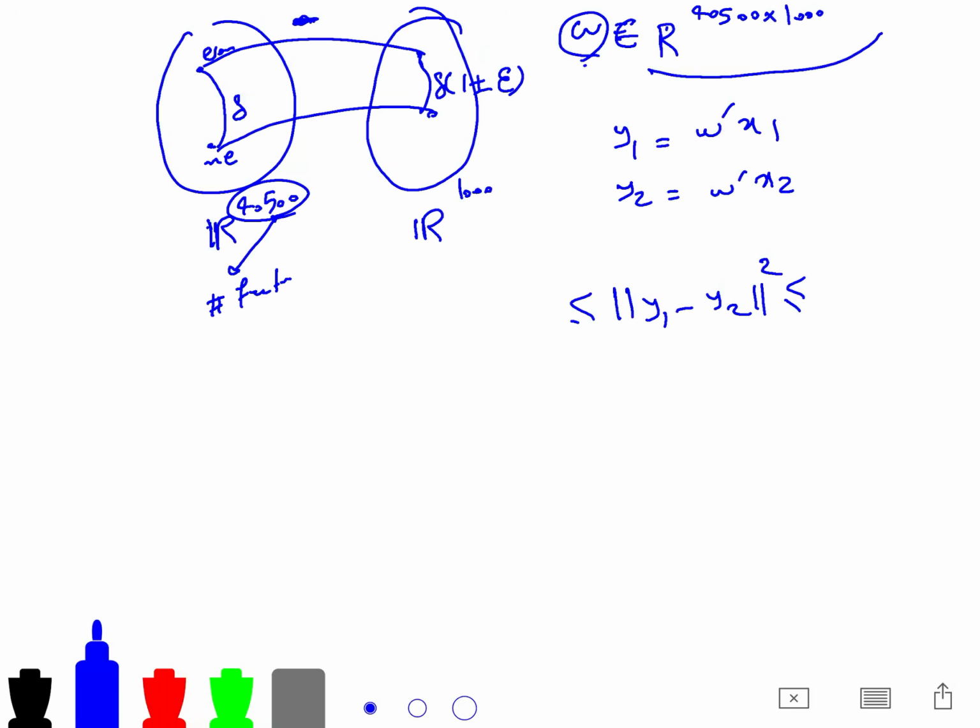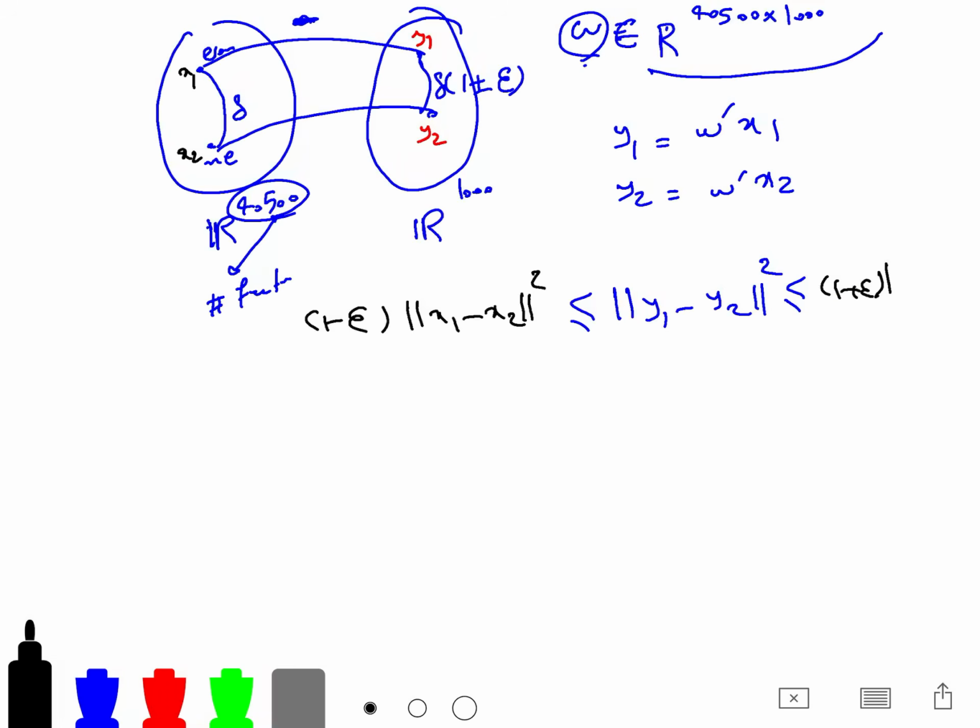The distance between y1 and y2, where x1 is Elon Musk and x2 is me, is preserved: it is between (1 minus epsilon) times the squared norm of x1 minus x2, and (1 plus epsilon) times the squared norm of x1 minus x2.